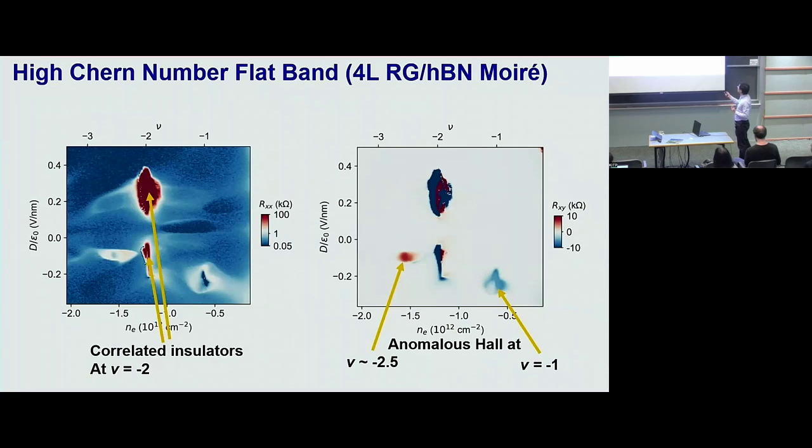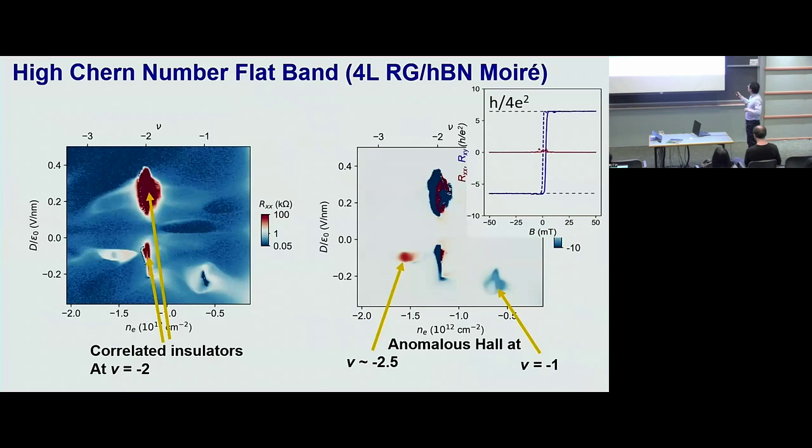This happens in the 4-layer rhombohedral graphene hBN moiré. This is on the hole doping side, instead of the electron doped side, at a very low displacement field. You have something here at the filling factor -1, one hole per moiré. And it turns out that state here is an integer quantum anomalous Hall with Chern number equals 4. Rxy is h over 4e squared.